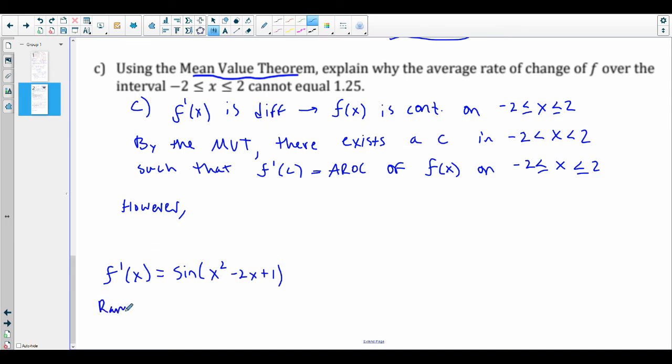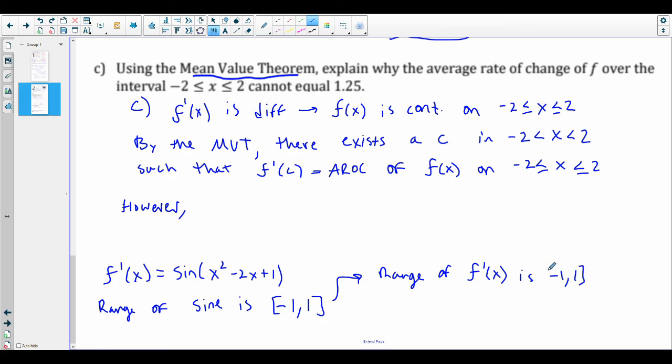The range of a sine function is -1 to 1, right? Therefore, we can say the range of the derivative is -1 to 1.